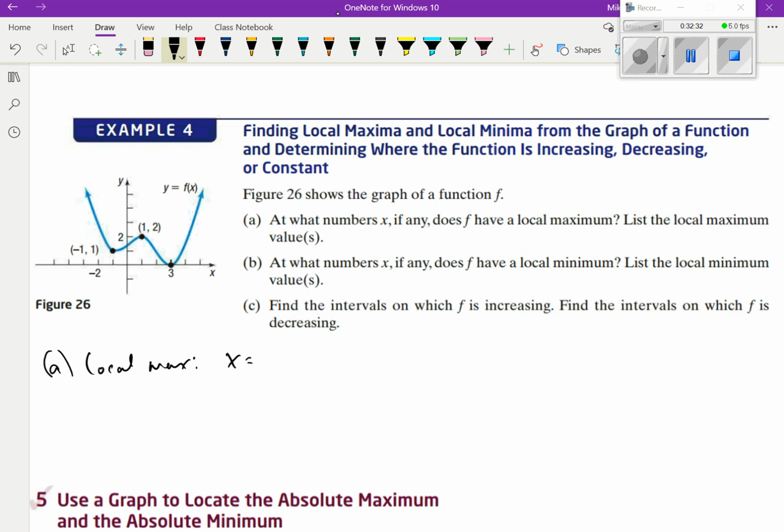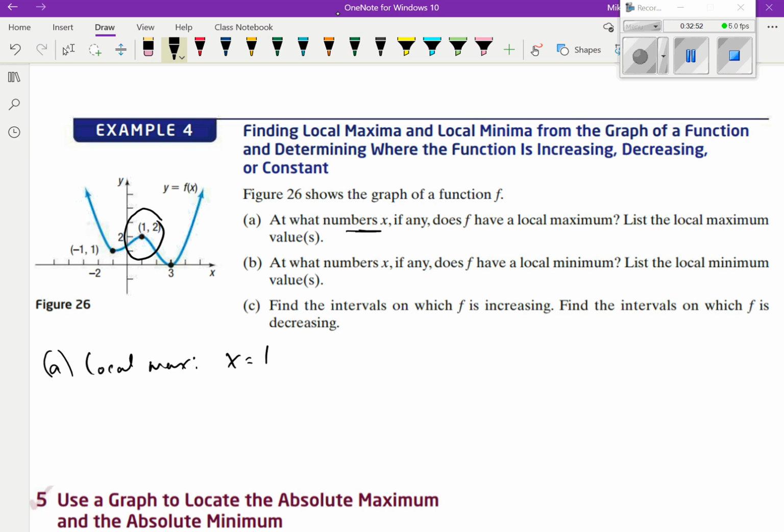Looks like we have a local max. Where's it the high point in a particular region? So where does it turn? When x is 1. So when x is 1, we have a maximum value. Now the actual max is 2, but in this case we want to know at what number x.